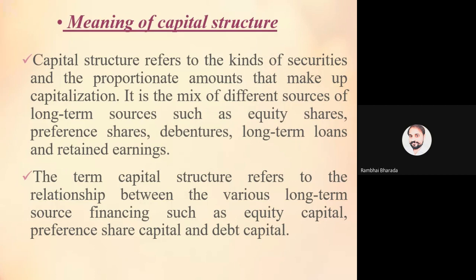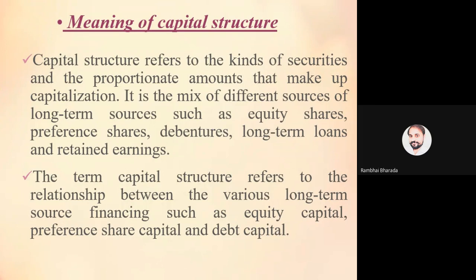Capital structure refers to the securities and proportion of amount that make up a capitalization. It is a mixture of, now this is important for all of you, different long-term sources, like equity, preference, debenture, long-term loans, and retained earnings.